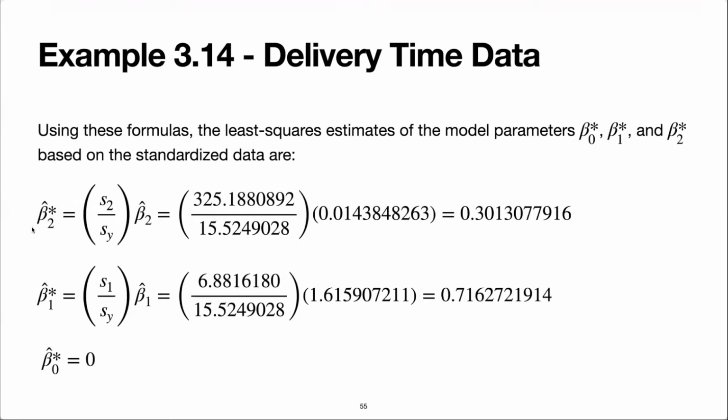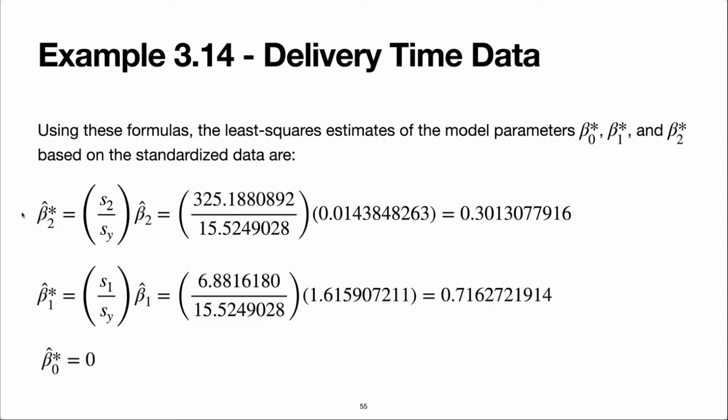So beta 2 star hat would be 0.30131 approximately, beta 1 star hat would be 0.71627. And then beta 0 star hat, we know, would be equal to 0. We don't even have to do the calculation because we know that it's going to be 0.